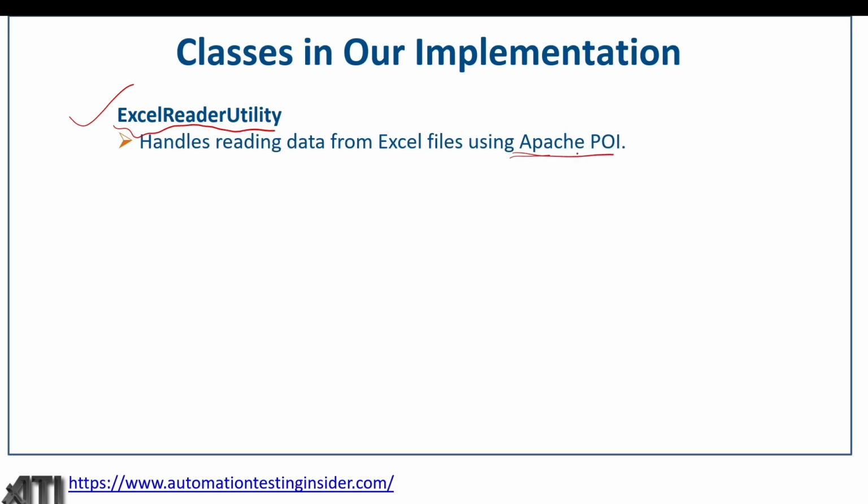So we are going to use the Apache POI library from Java. For that we need to add a couple of dependencies, which I'll show you before we start our script. So we are going to use the Apache POI library to implement the data-driven testing.